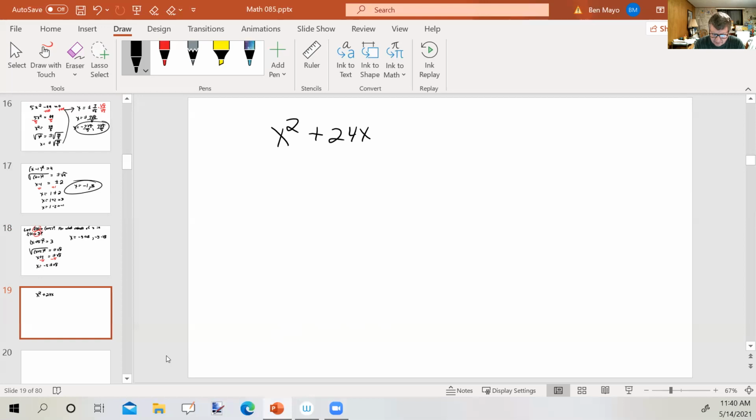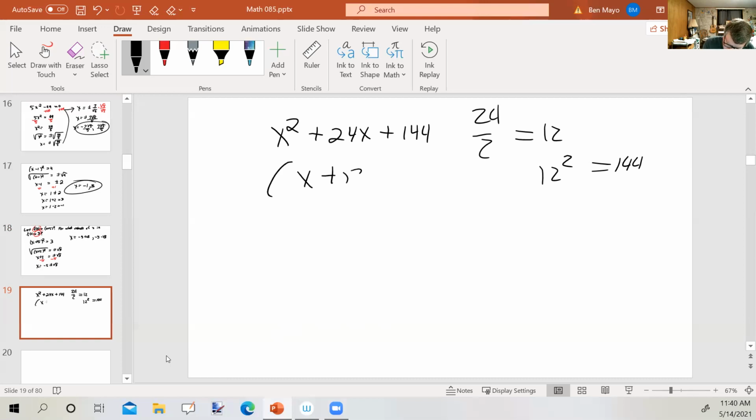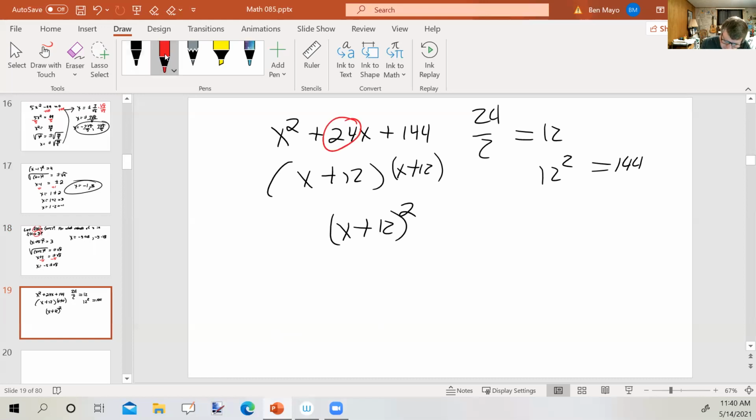If I take that coefficient of x, the 24, and I divide it by 2, cut it in half, and then I square the result, and I put that right there, I now have created a perfect square trinomial, the factors of which would be x plus 12 times x plus 12, or x plus 12 squared. So again, what did I do? I took this coefficient, cut it in half, squared it, and added the result.